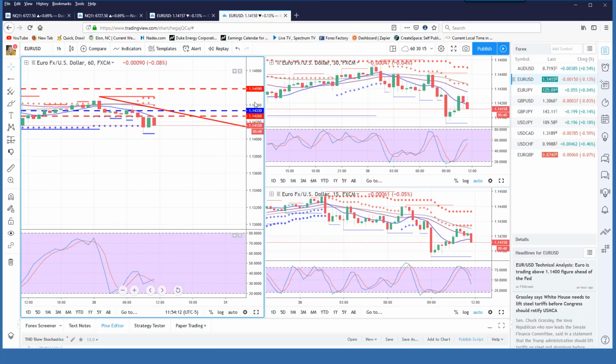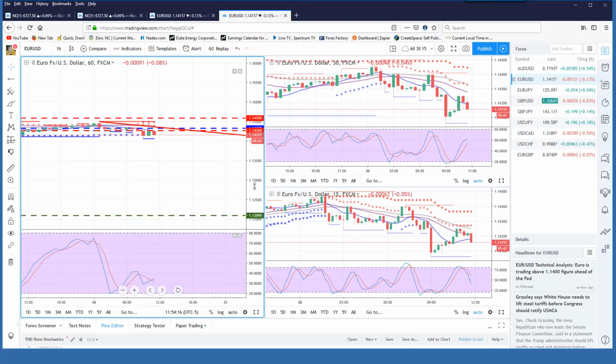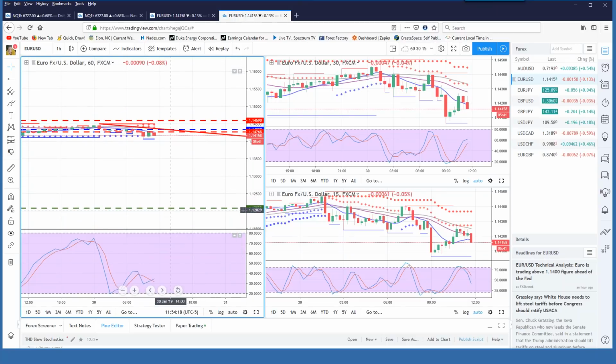The blue line represents my entry price. And this is my floor level. Does everybody understand it now?